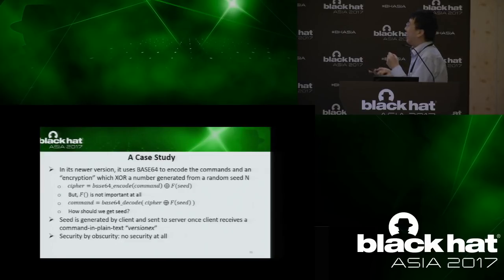So actually, if we further examine the code in the APK file, we find that if we send a plain text version, we will get the seed. So overall, we can figure out how this is done. So here the thing is it actually uses a kind of protection mechanism, but it's security by obscurity. Basically, it means there is no security at all. Okay.